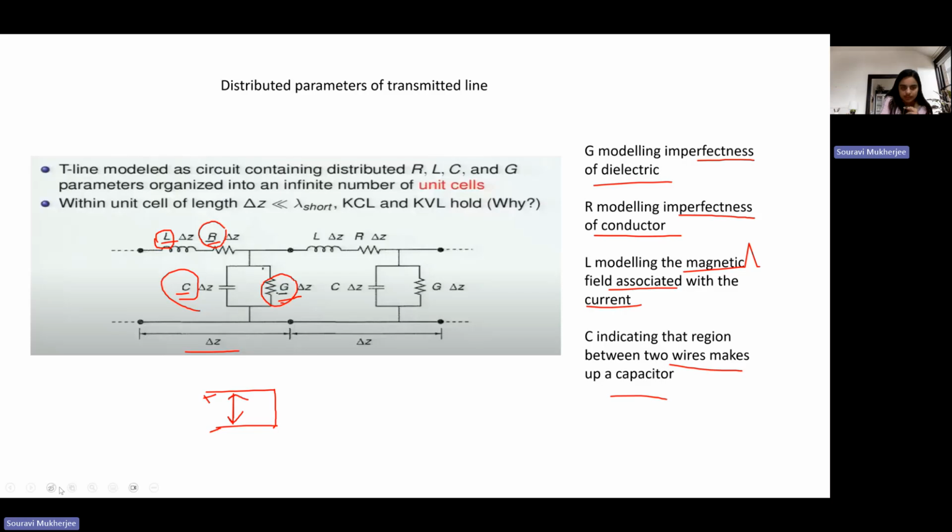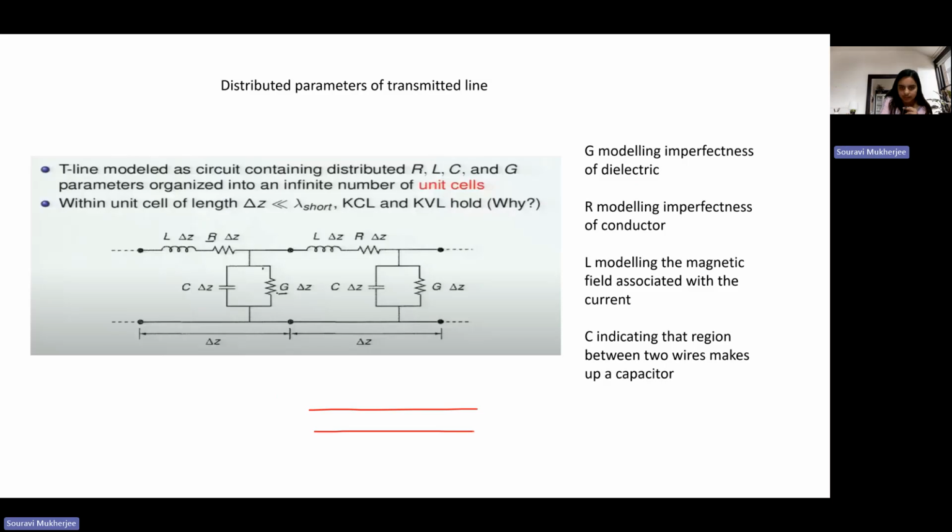So basically what this is telling you is that if this is your entire transmission line, you break it into small sections. How small depends on the wavelength or frequency of the signal that we are talking about. In each section, you can apply the lumped circuit element concept and consider that each of these sections comprises an L, an R, a C, and a G in this format: L and R in series, and then G and C in parallel.